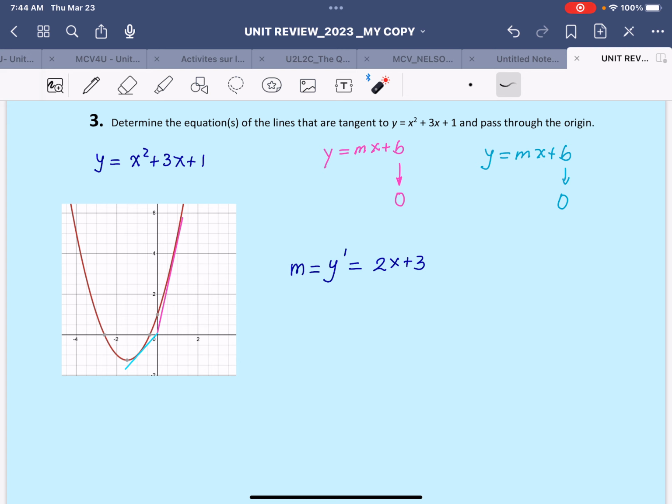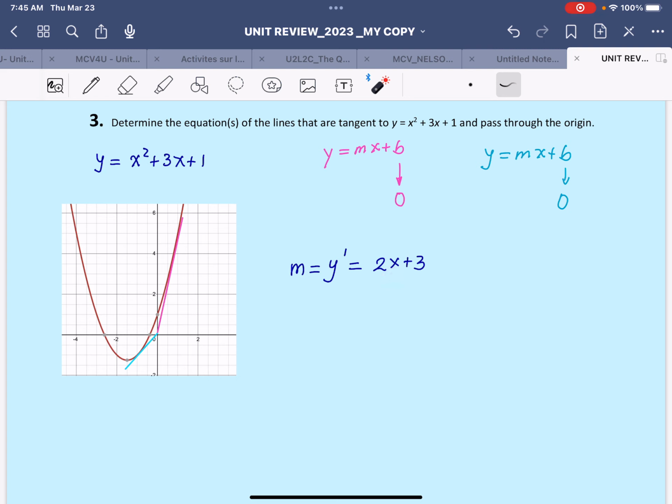If we want to know what the slope of the tangent is at x equals, for example, negative 3, you substitute negative 3 in, and it will give you the exact value of the slope here. If x equals negative 4, then you substitute negative 4 for x, and it will give you the slope of the tangent here. If x equals, for example, 0, then you substitute x by 0, and it will give you the exact value of the slope.